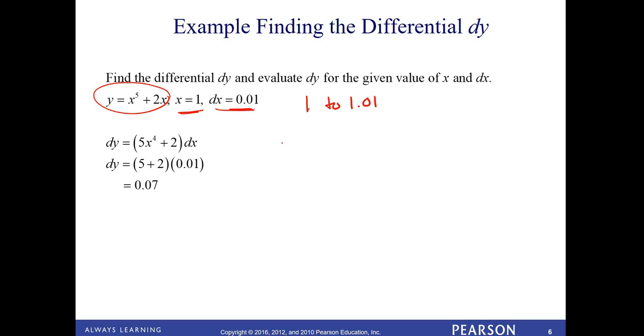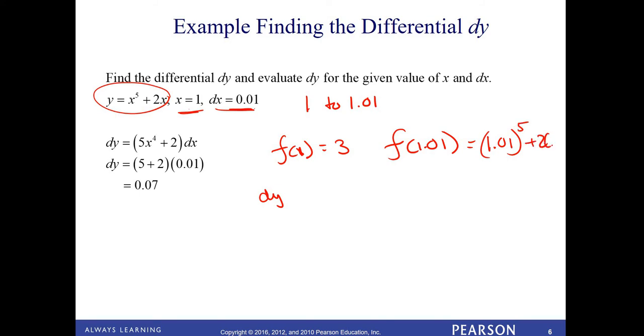So let's look at this a little bit closer. If I just found f of 1, my original function, 1 plus 2 is 3. Using this differential to find f of 1.01, which in my original function would be very difficult without a calculator, I would have to raise that to the 5th power, multiplied by 2.101.